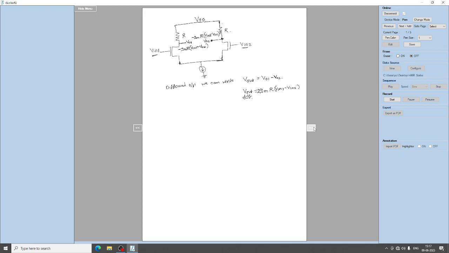right. So this is nothing but a circuit of a differential amplifier having differential input and differential output as well, right.